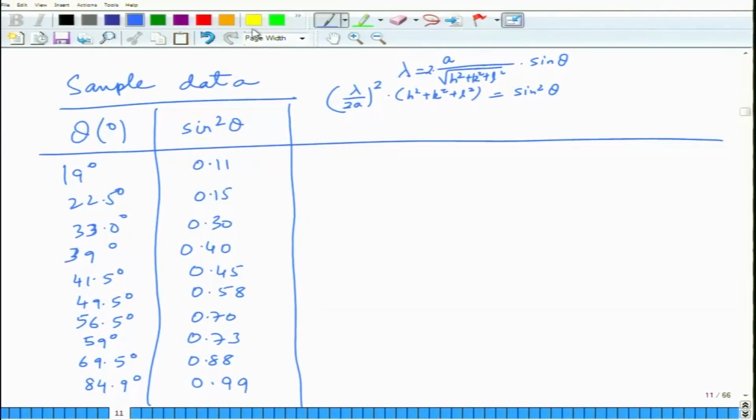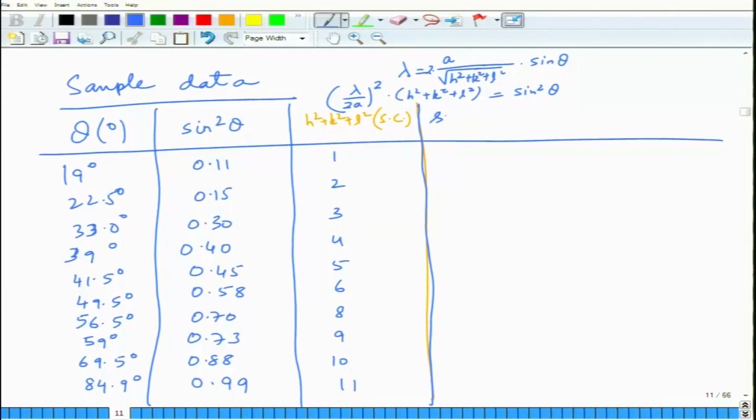For the simple cubic case, h square plus k square plus L square values are 1, 2, 3, 4, 5, 6, there is no 7, 8, 9, 10, 11, all right, which means sin square theta divided by h square plus k square plus L square should be constant.